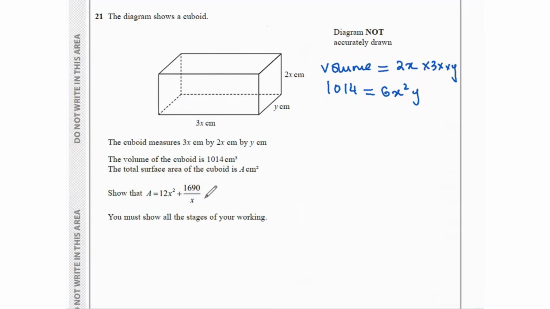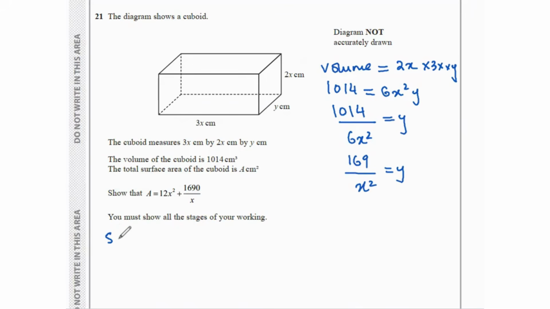Since the area equation is in terms of x, we will make y the subject and put it in terms of x so that we can replace it back and make the equation entirely in terms of x. So 1014 divided by 6 is 169. So 169 over x squared is equal to y.